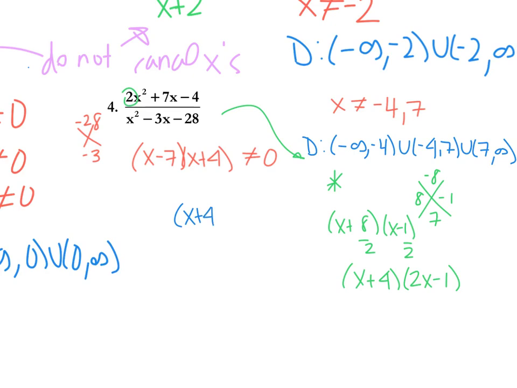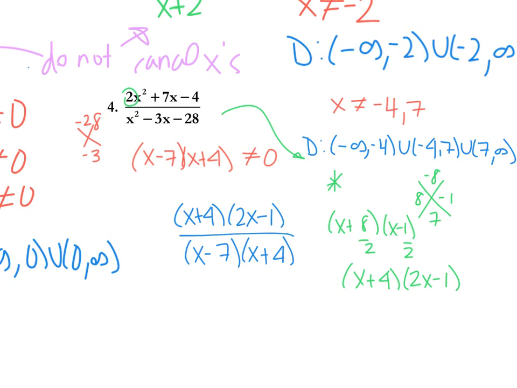So x plus 4 over 2x minus 1 divided by x minus 7 times x plus 4. Now, since this is all multiplication straight across, we just need to look for factors that are exactly the same. And the ratio has to be 1 to 1, meaning I can only cancel 1 out of the numerator to 1 out of the denominator.